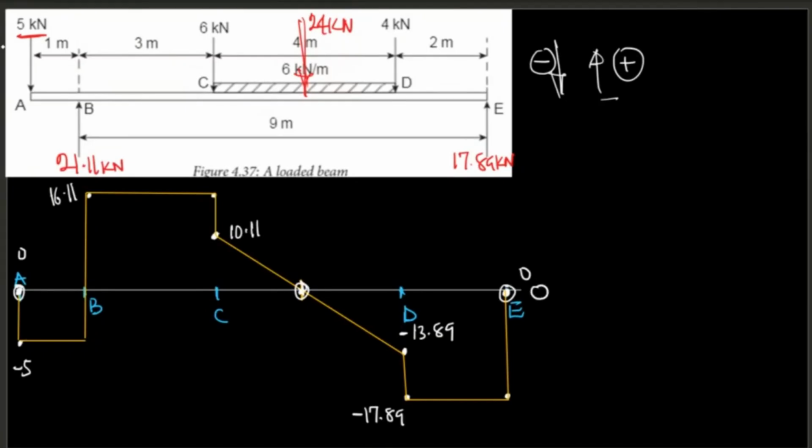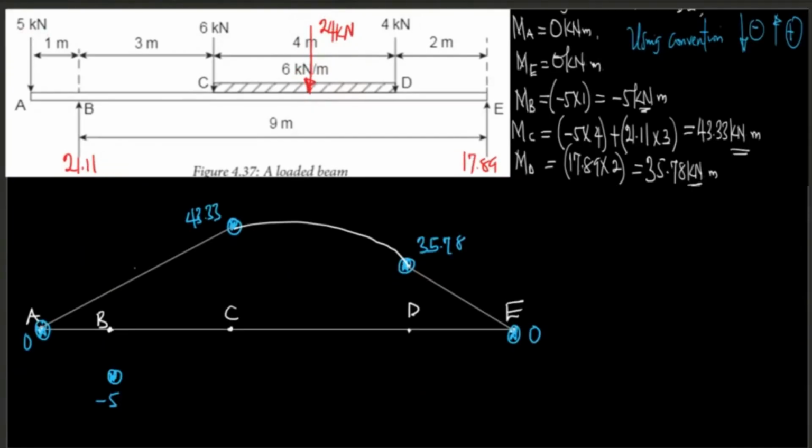Remember, this is the origin, 0, 0. There's the positive side, and this is the negative side. The same thing with this as well. We have the positive side of the graph, and then we have the negative side of the graph.